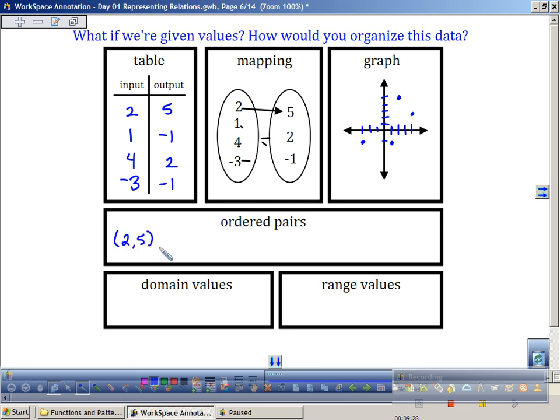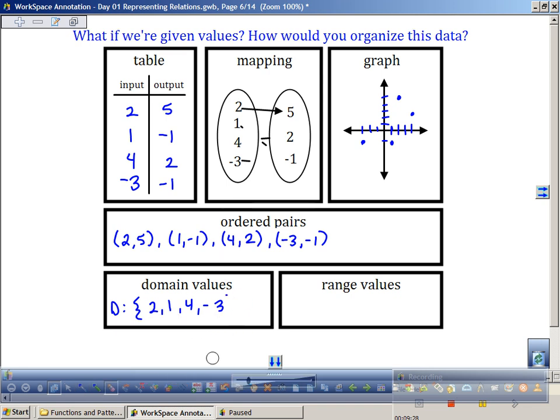2, 5. 1 and -1. 4, 2. -3, -1. And my domain values, D, semicolon, 2, 1, 4, -3. Usually we put them in order. You don't have to. You do have to have the set notation right here.